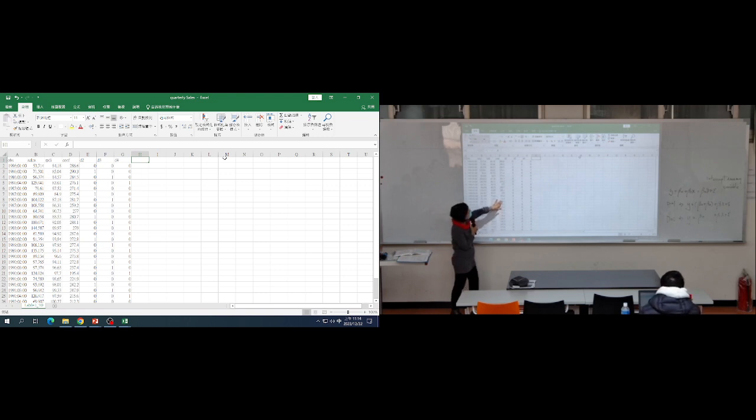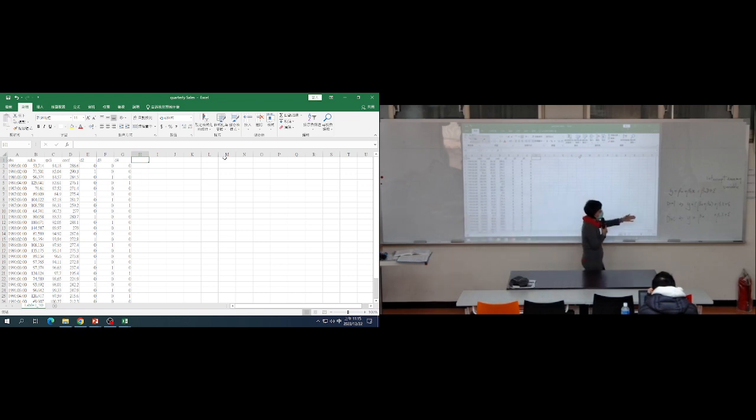And for D2, since there are 4 seasons, this is the second season as a 1, D3 the third season as a 1, and D4 the fourth season as a 1, using the first season as the reference group, the comparison group. Since there are 4 seasons, we just need 3 dummy variables.